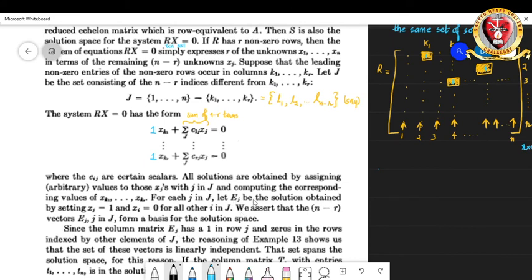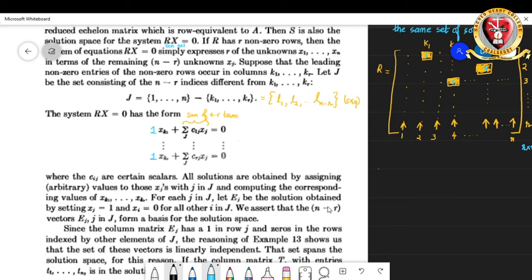And also we know that if EJ is the solution obtained by setting xj equal to 1 and the rest of the xi's equal to 0, then we assert that the n minus r vectors ej, j in J, form a basis for the solution space, because we know from the earlier example that they are linearly independent as well as spanning.